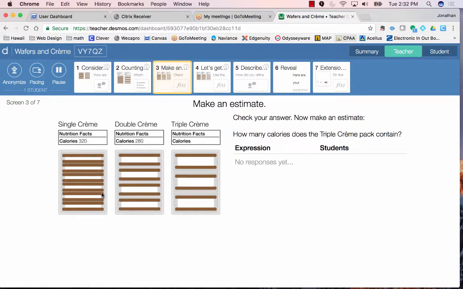We need to use some math, create a mathematical argument, and think, well, how many calories should the triple cream pack contain? Well, you could kind of make an estimate. So you could say, well, if I keep following the pattern, maybe it's linear, right? 320, 280. If I subtract 40, maybe there's only 240 calories. And that would kind of make sense. But let's see if we can use a system of equations and get a little bit more specific with it.